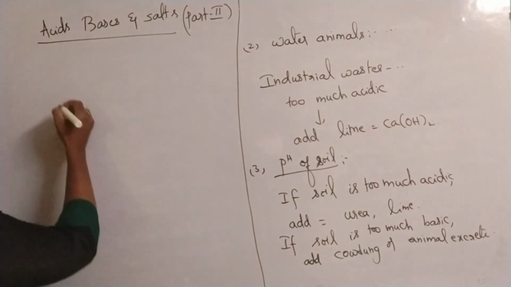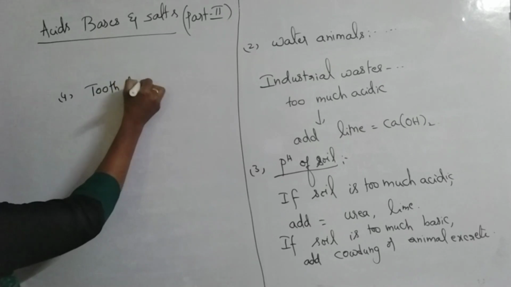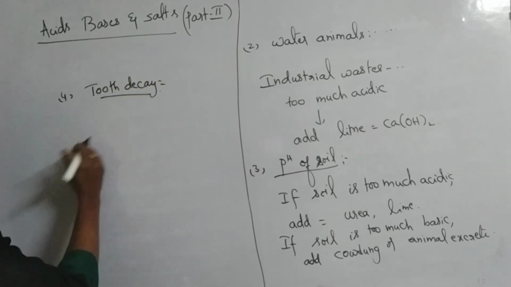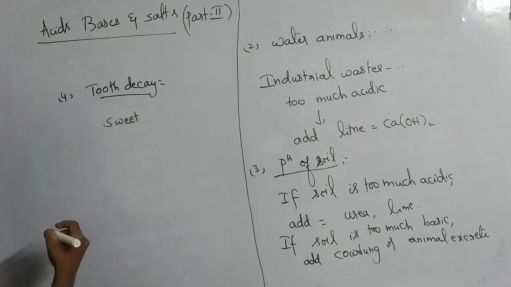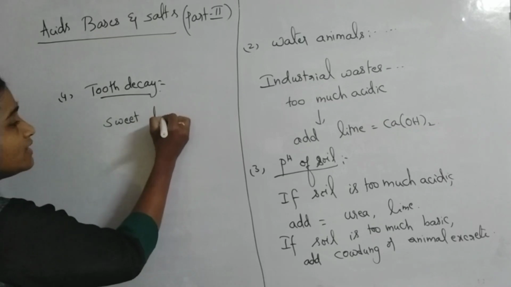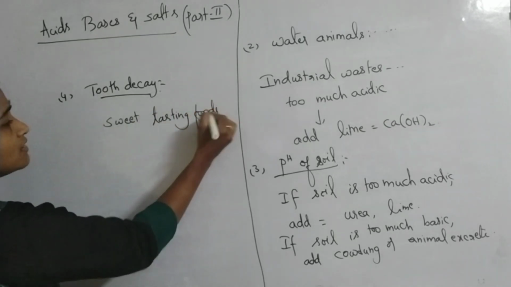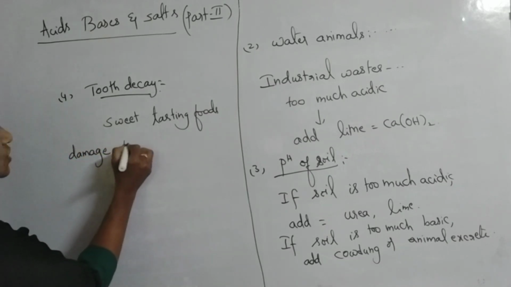So that is the concept of tooth decay. Why does tooth decay occur? When we eat sweet tasting foods, they damage the teeth enamel. What does teeth enamel consist of?